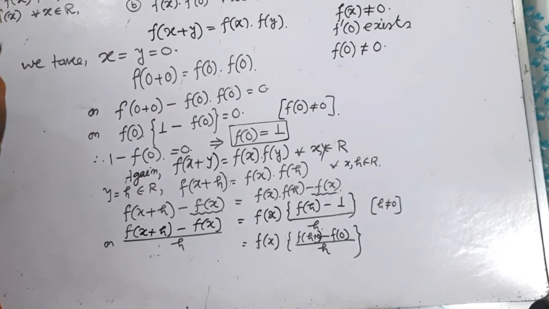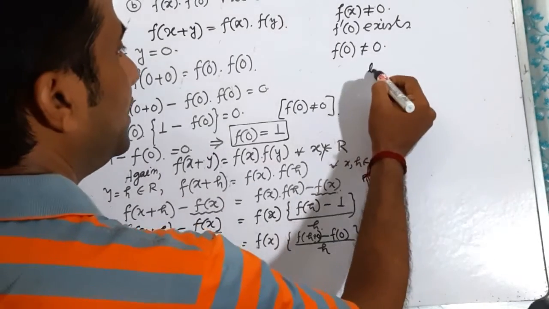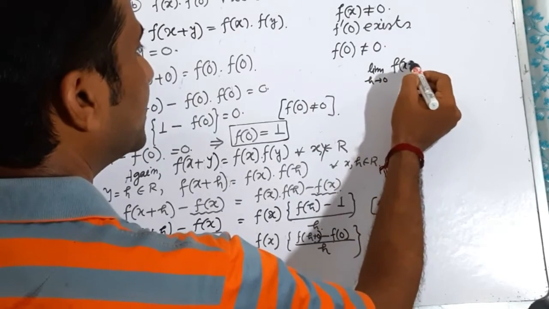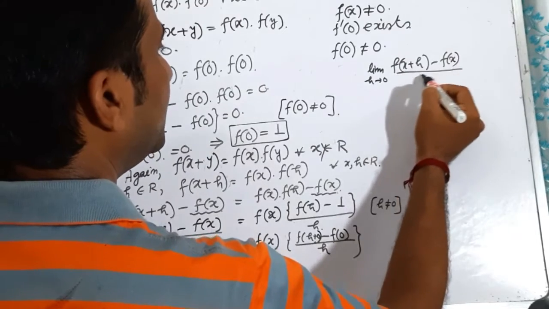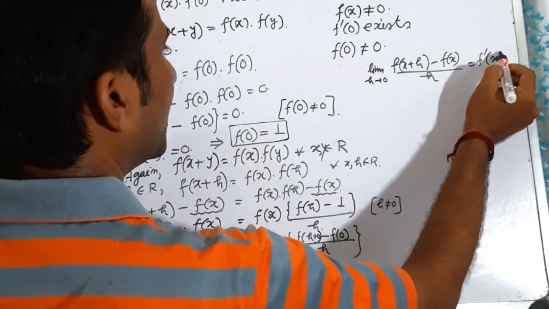What we know from the definition of differentiation is that limit h tends to 0 of f(x+h) minus f(x) by h is equal to f'(x).